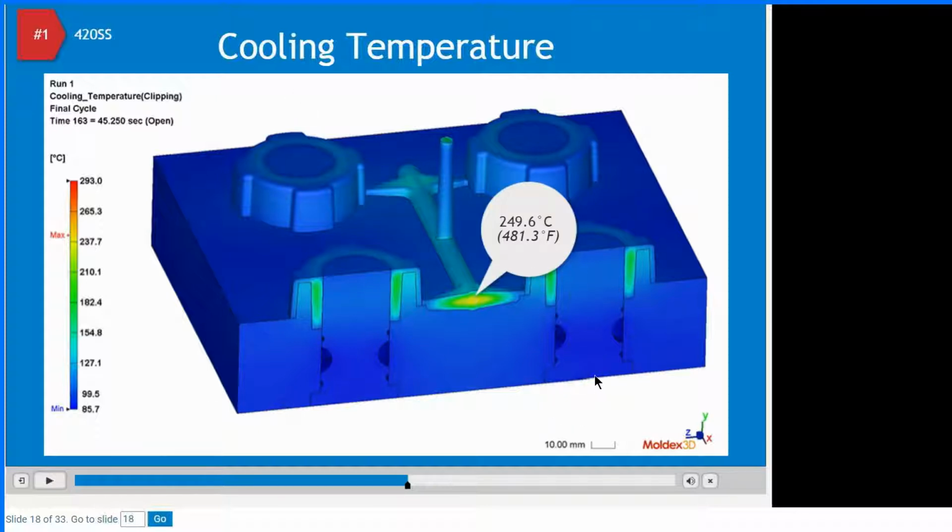Understanding this cyclic behavior, from high temperature, then low temperature, then mold open, then high temperature, then low temperature, is important because it tells you how reactive your mold cooling is.